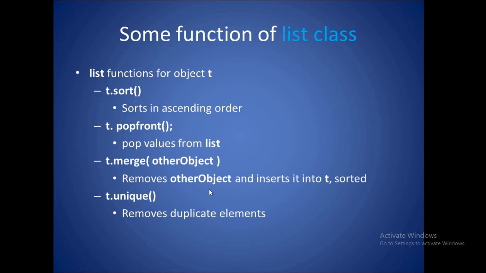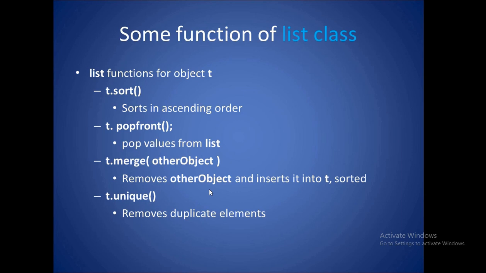List functions for object t. If there is a list created with the name t, then t dot sort is the function for sorting in ascending order. Like that, t dot pop front pops values from the list, so the value is deleted from the front side. t dot merge, and in brackets we pass another list object.